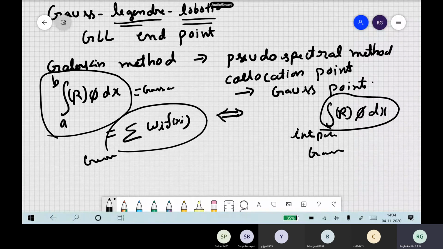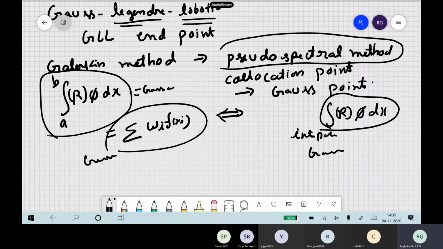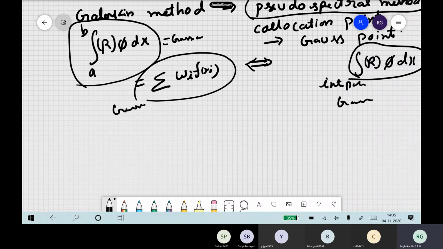What is meant by collocation? As the number of grid points increases, the order of the polynomial increases; both of them should be the same. And if you choose these collocation points the same as the Gaussian points, then it is the same as Galerkin. That is how the name pseudo spectral method comes into the picture. It is a collocation method on Gauss points. So these are very important observations.